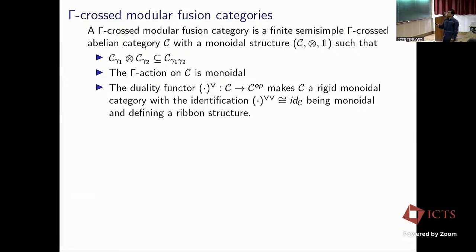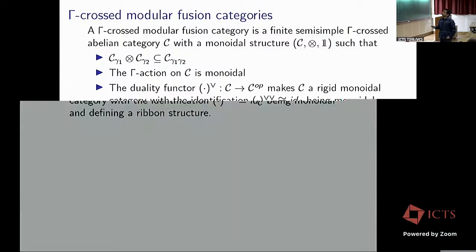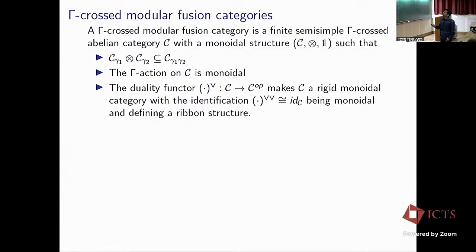So we want that this monoidal category should be rigid. So this notion of rigidity came in the previous talk as well, which means every object has a left and right dual. But here we also demand that this rigid duality agrees with the original duality that we began with.